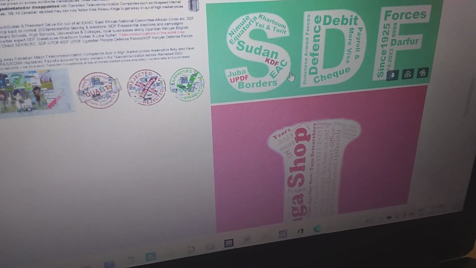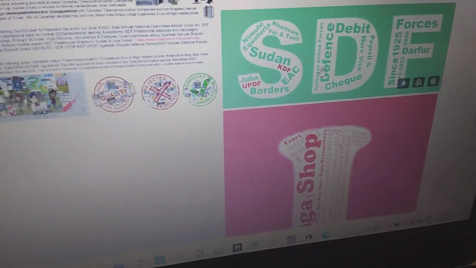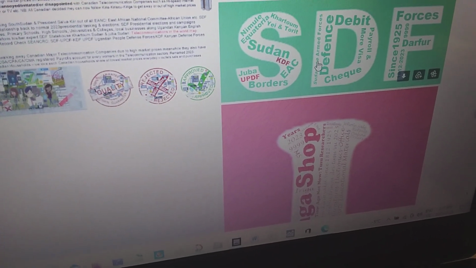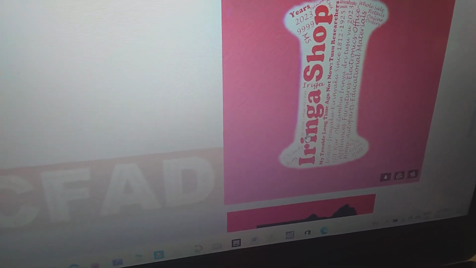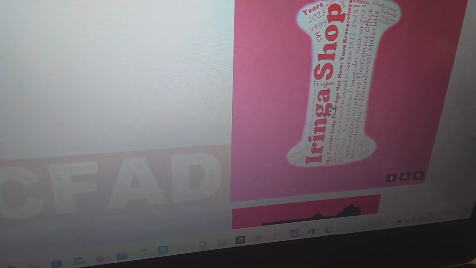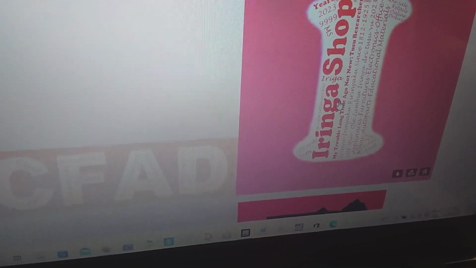And then when we talk of SDF, this is SDF. The SDF has the right to walk away South Sudan. That is what the minute details here. And then the I, which is the Iringa, which is the Iranga, okay, since the alcohol ages. This I here stands for since the alcohol ages, or since the mentalities of the alcohol ages.